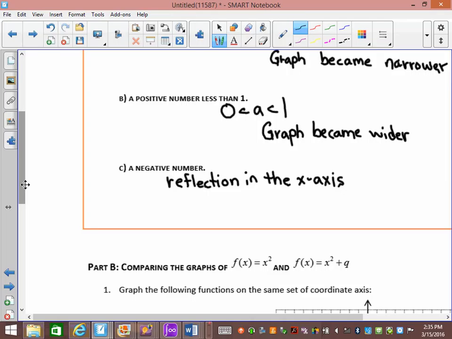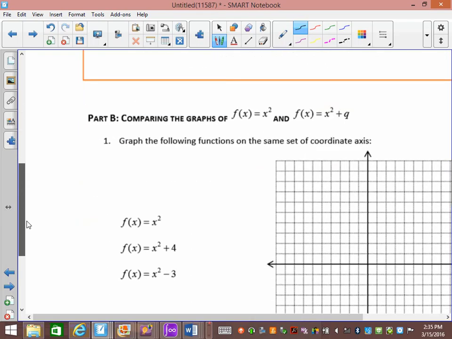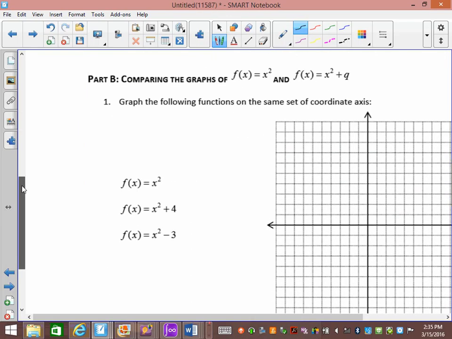If it's a negative and it's greater than 1, or I guess less than negative 1 technically, it's going to make it narrower and reflect. Okay? So really the number in front makes it narrower or wider, and then the sign in front makes it up or down, is the end result. So that's just the a value in front. There's also this q value at the back because we're looking at the standard form.